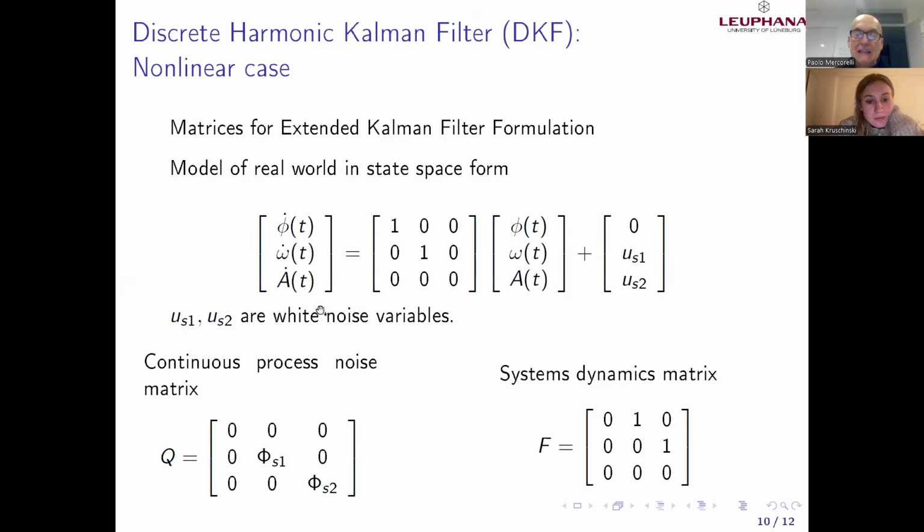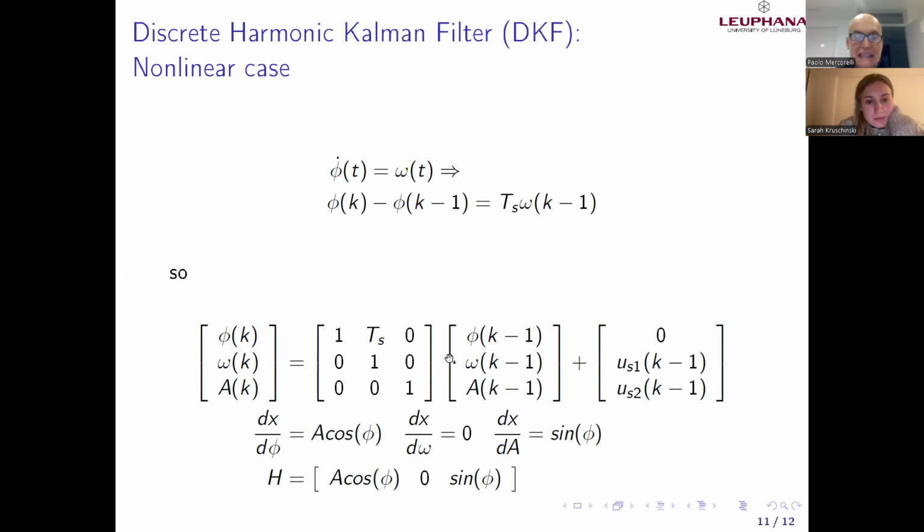And if I multiply this matrix by Ts, I have just Ts in this position here. But basically, what is written here is that phi of k minus phi of k minus 1 divided by Ts equals omega.